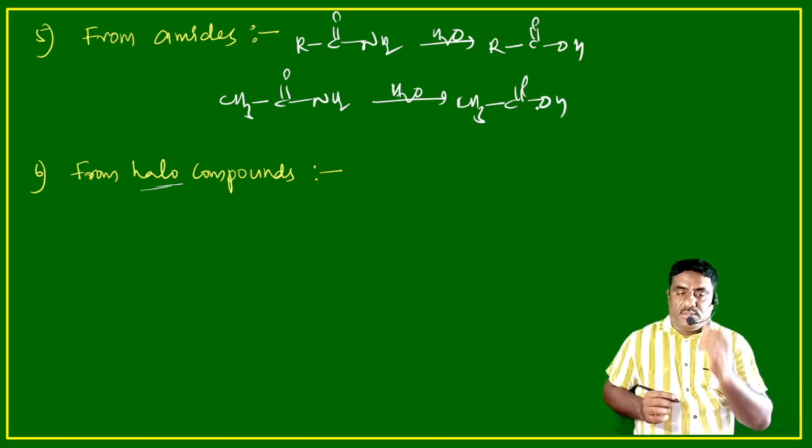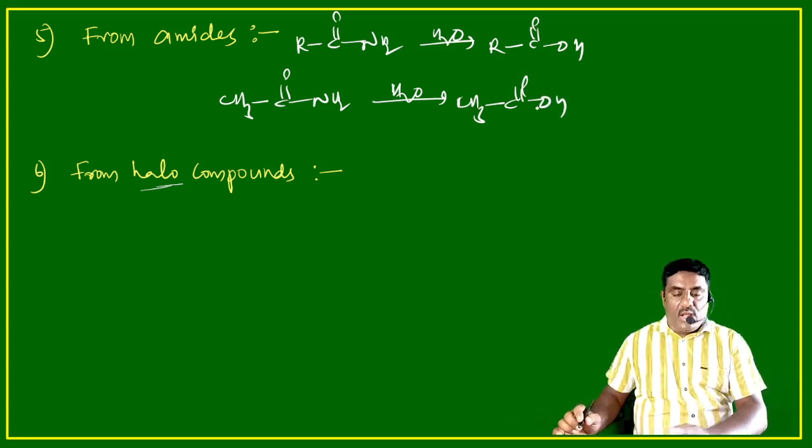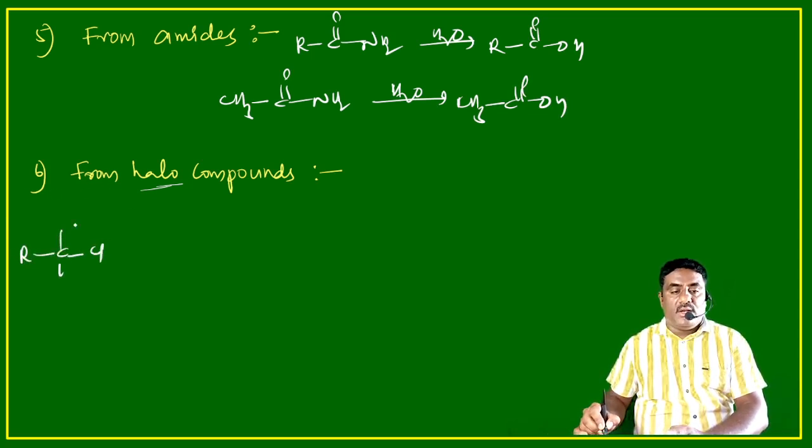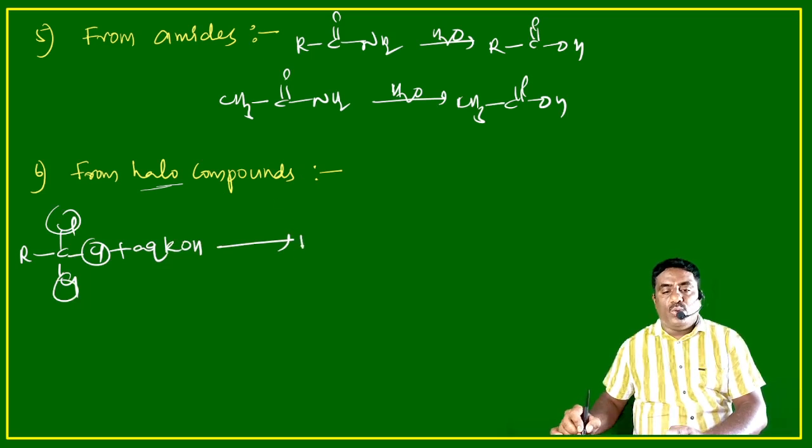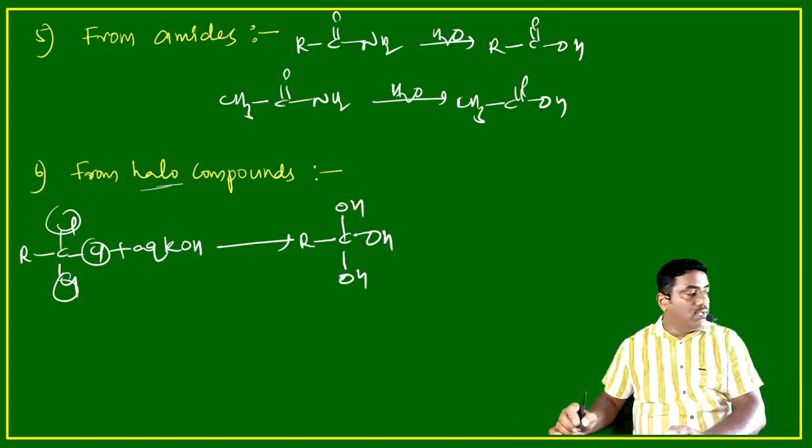The next method is from halo compounds. Look at the halo compound R, CCl3, with aqueous potassium hydroxide. The Cl are replaced by OH, giving carbon with three OH groups.